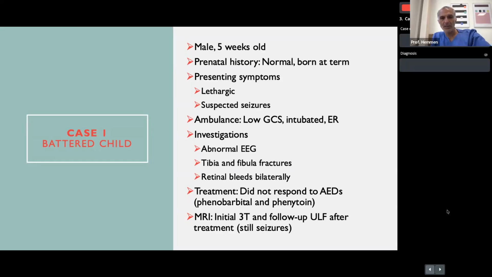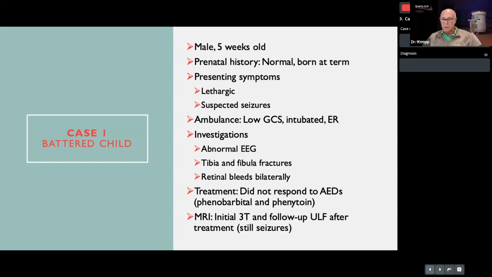On his clinical course, we were alerted, of course, because he didn't respond well to his seizure medication, so he was treated with phenobarb and phenytoin. We did an ultrasound and also quickly performed an ultra low field scan. So, Eddie, do you want to take us through the scan?